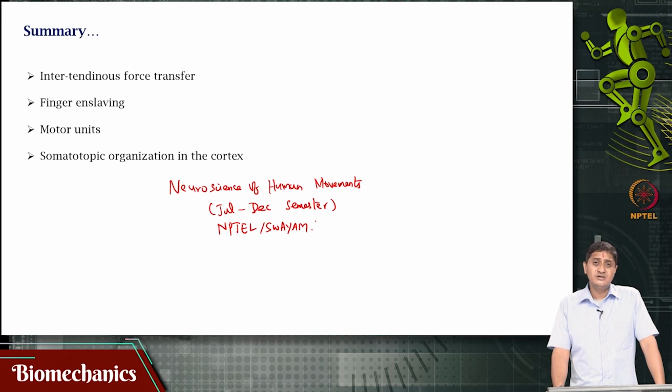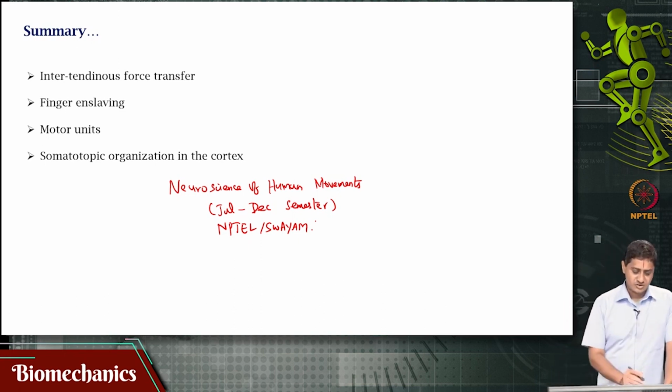So, in this video we saw what is intertendinous transfer of force, or lateral force transmission, or shear force transmission. We looked at what is finger enslavement and what are the possible causes of finger enslavement. We looked at what is a motor unit, what are motor units that supply many digits, multi-digit motor units, and we also looked at a possible cause of enslavement in the form of somatotopy.